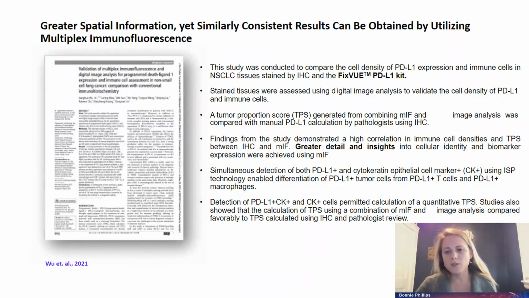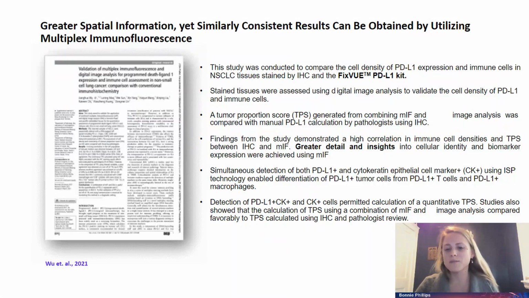So in this paper, we're looking at a PD-L1 assay, 4-plex. So this contained antibodies for PD-L1, CD8, CD68, as well as pancytokeratin SOX10 that were all stained on the same slide.